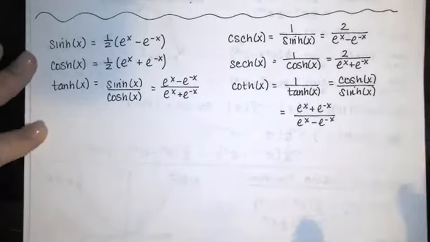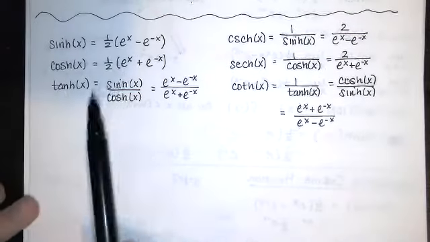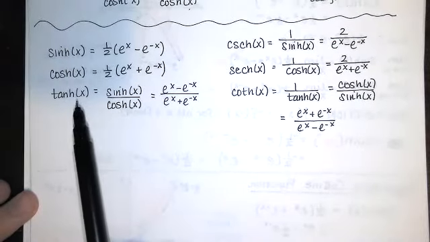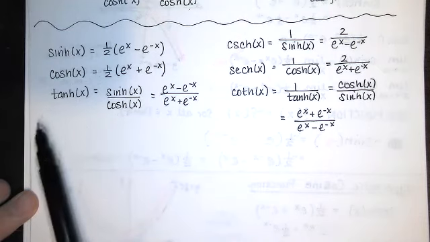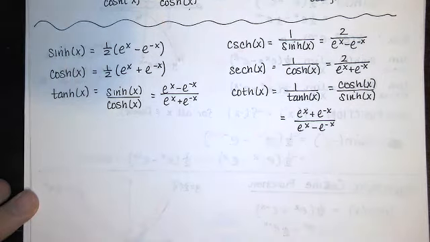Okay, so they're defined in the same way that you would expect, knowing what we know about trig functions. They have some properties in common with trig functions, and in other ways they have nothing in common with the trig functions. These are not periodic functions. They don't repeat every 2 pi or anything like that. But hyperbolic sine of 0 is 0, and sine of 0 is 0. Hyperbolic cosine of 0 is 1, and cosine of 0 is 1.